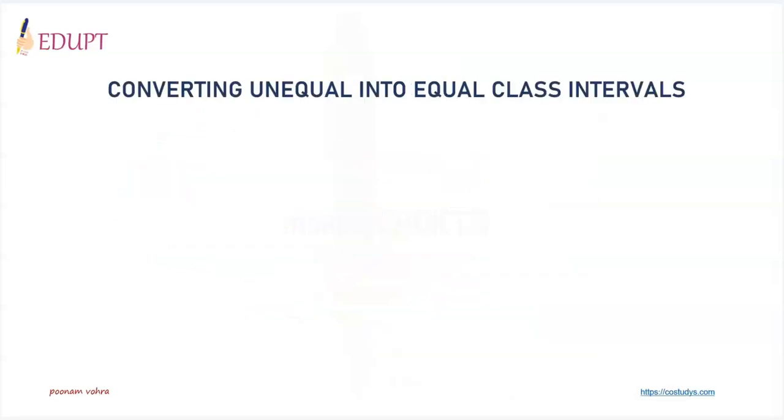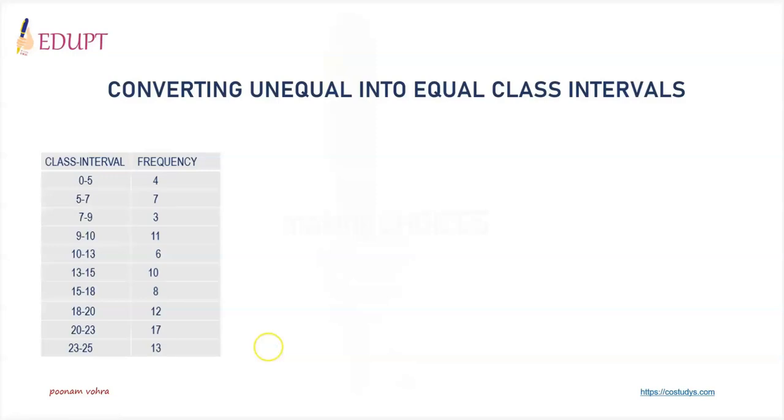Now let us understand how we can convert unequal class intervals into equal class intervals with the help of an example. Let's suppose this is the information we have which shows class interval and frequencies. These class intervals are unequal.